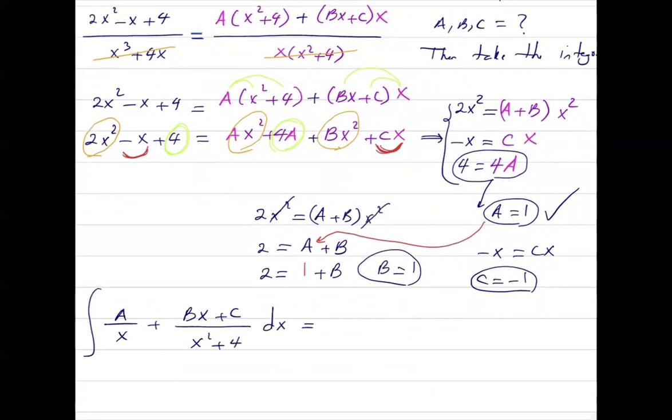My A is equal to 1, so I'm just going to substitute that over here. My B is 1. What is my C? My C is negative 1. So here we go. We get 1 over x plus (x minus 1) over (x squared plus 4). When you're taking the integral of these fractions, it's much easier to deal with them.